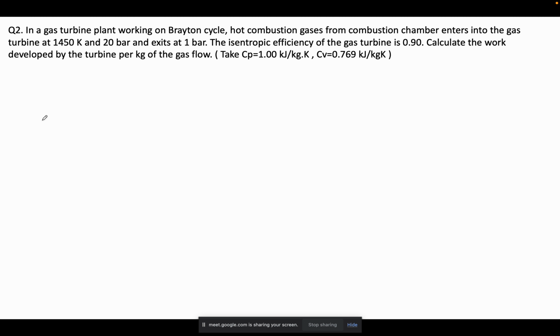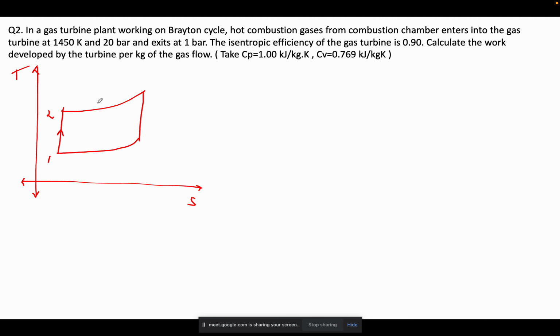The schematic diagram we already know, so I am going directly to the TS diagram once again. There was a reversible adiabatic compression process 1 to 2, then heat addition, then expansion, then heat rejection, that is cooling.